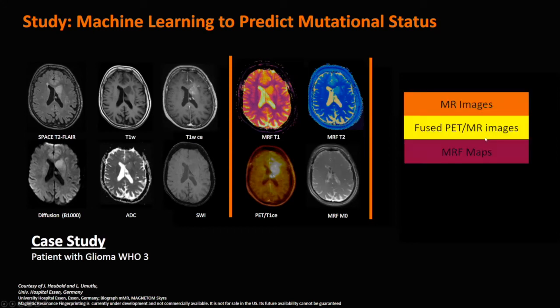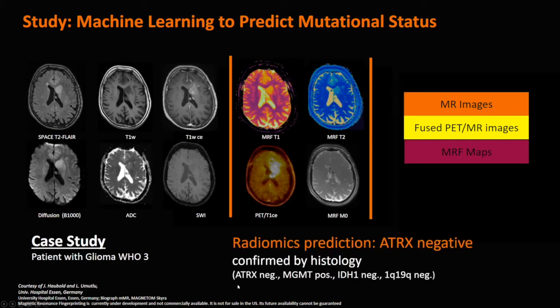This is a study from University Hospital Essen, incorporating MR and PET-MR together, and using machine learning to incorporate all the features and predict mutation status based on different genetic settings. Again, this is a promising direction, bridging the imaging information to a more clinically friendly decision supporting tool.